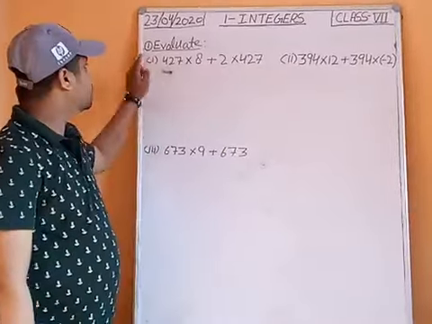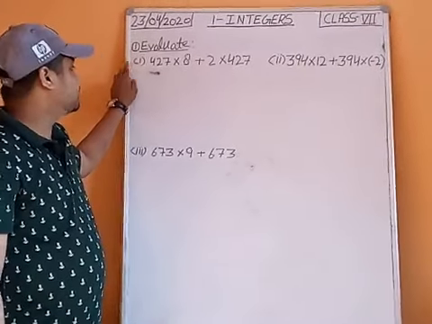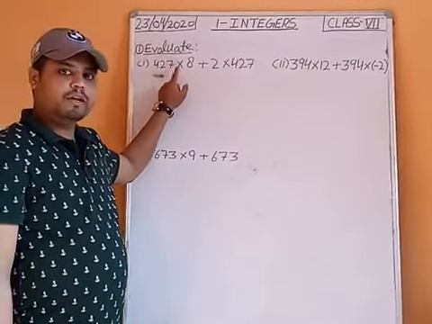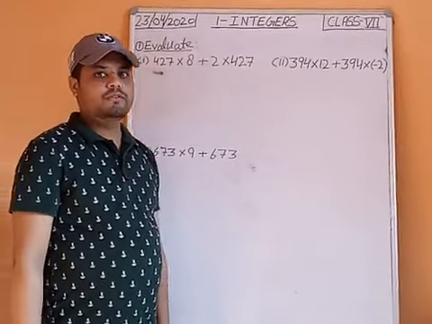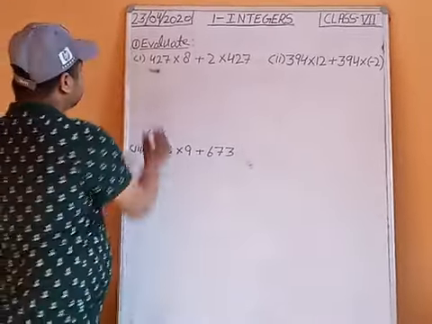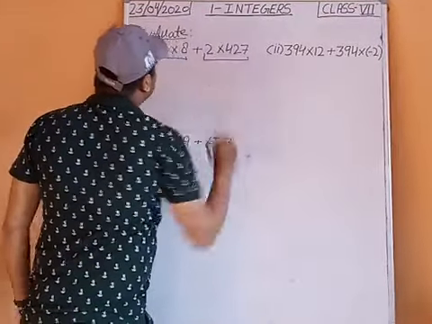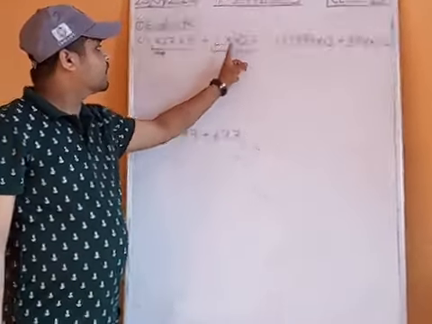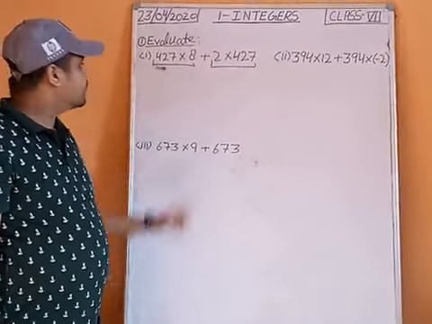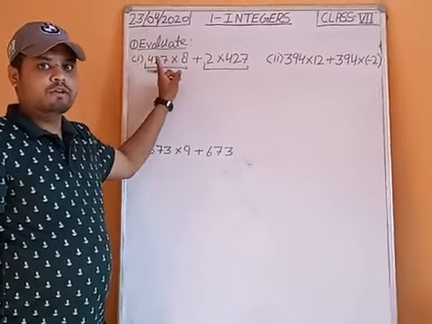Now come to the first sum, that is evaluate, in which the first part is 427 multiply 8 plus 2 multiply 427. Now you can see here multiply is in two parts. 427 multiply 8, then the plus sign, 2 multiply 427. 427 is present in both, which means 427 is common.